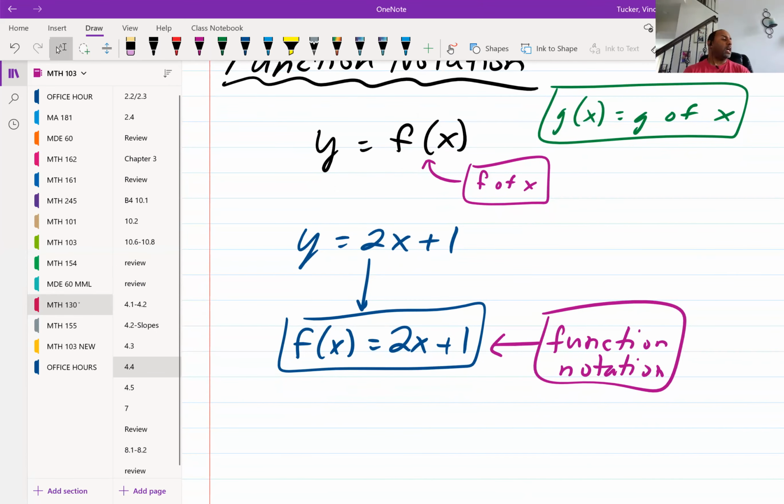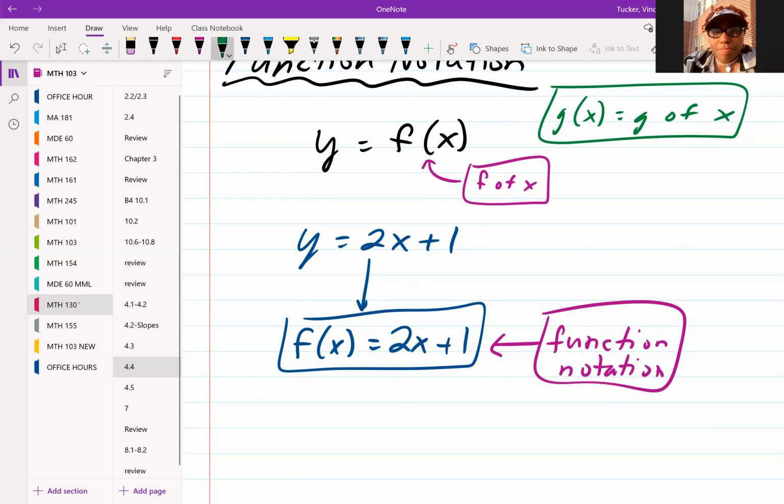They would expect that you know that y and f of x are interchangeable. They mean the same thing. You can go back and forth between the two, and it doesn't change the value of the problem at all. It's just that one is in function notation, the other one isn't.